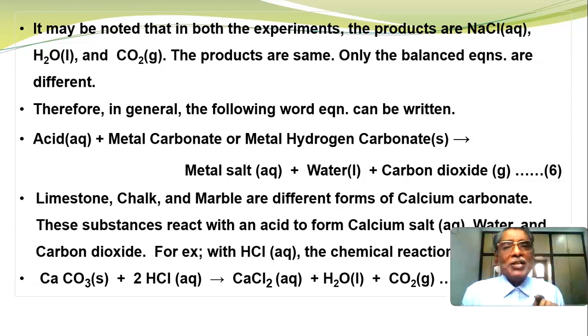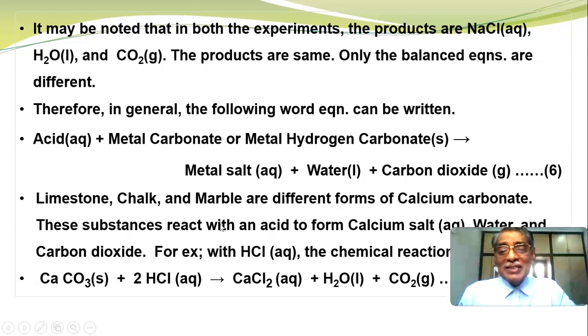Therefore, in general, we can write the following word equation. Acid, any acid, plus metal carbonate or metal hydrogen carbonate gives rise to metal salt plus water plus carbon dioxide gas. See, limestone, chalk and marble are different forms of calcium carbonate which we use in our day-to-day life.